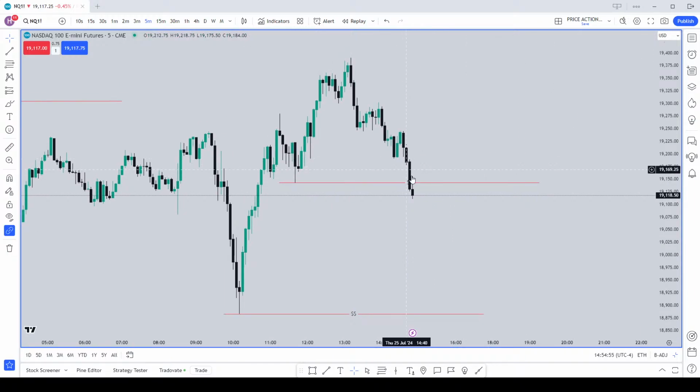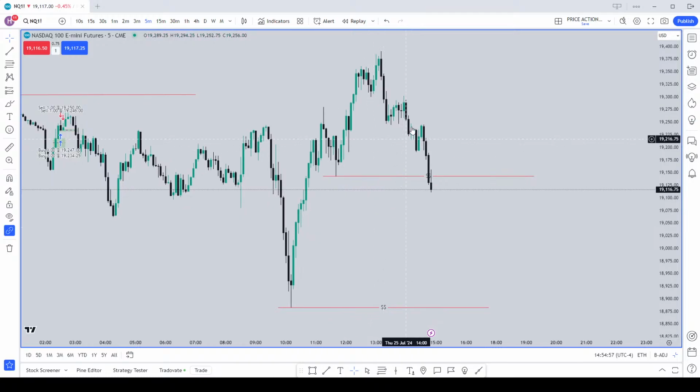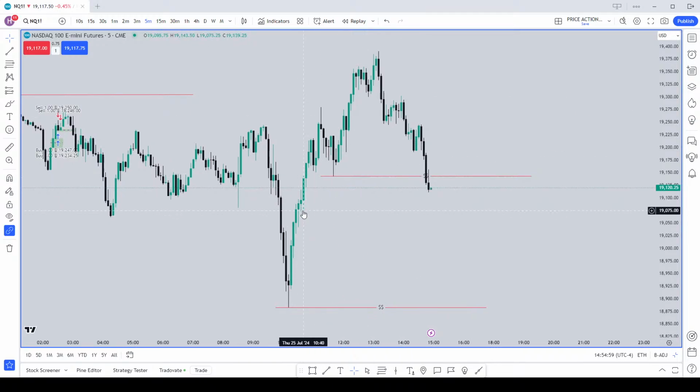We do have some fair value gaps that we can fill on the 5-minute. We have this whole area that we can come down to, just easily come down right over here. Unless this candle here decides to rally above, then we can look for a potential reversal to this high, this and this. But I am going to stick to my bias of being bearish currently for this current session.